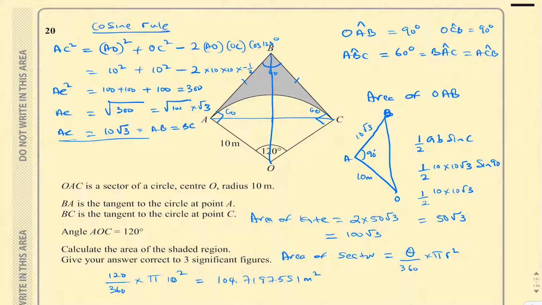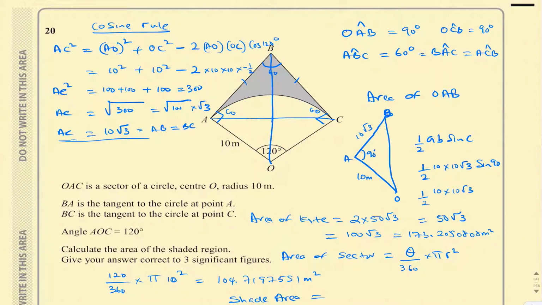Now the area of the kite, if you push down the calculator, that will be 173.2050808 meters squared. So the area of the shaded area will be area of kite minus area of sector.